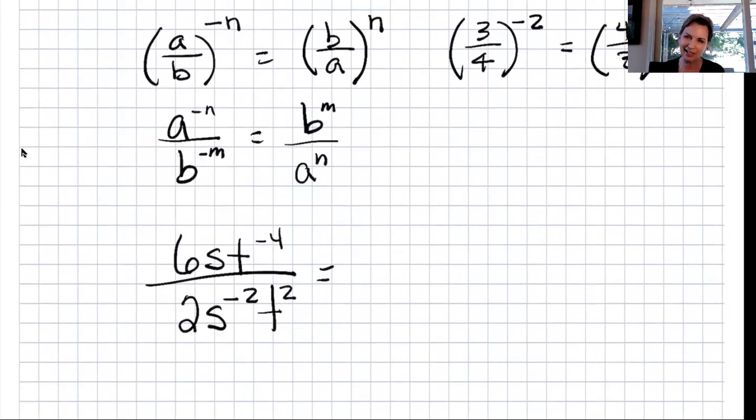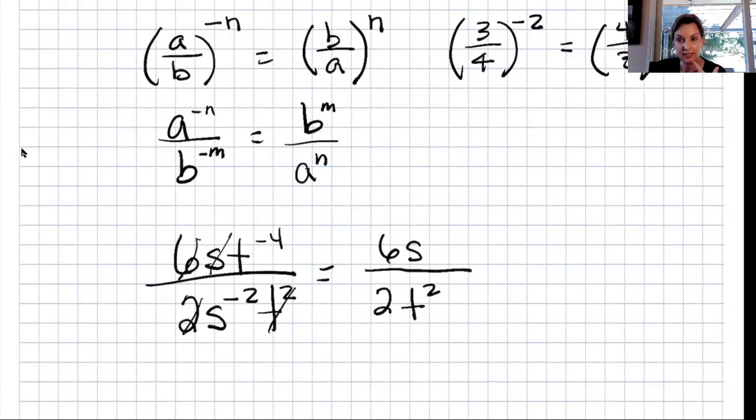We can't have any negative exponents in our answer, so we know we have to handle them anyway. So I'll write down the things that are positive: I have an s and a 6 and a 2 and a t squared. Those things are fine, I'm going to leave those be.